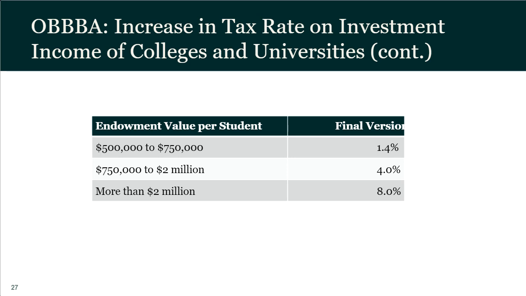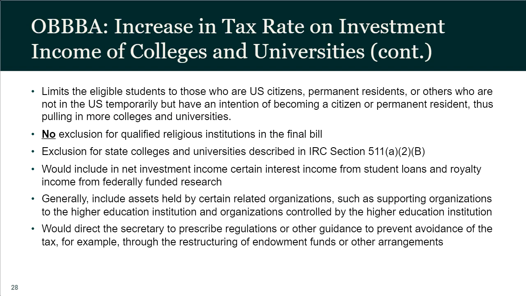A couple other items to note: federally subsidized royalty income is going to get included in investment income. That is royalty proceeds of any patents, copyrights, or intellectual property that resulted from work done by students or faculty as part of the organization, where federal funds were used to develop the research. The other thing that's now included is investment income on institutional loans. There are no exclusions for qualified religious institutions in the final bill.